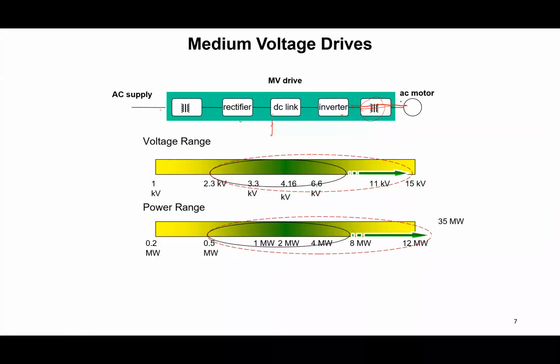Okay, and most of the applications are around 4160 V. For example, even in the marine applications, they use this voltage. Power can go up to 30 to 35 megawatts, but most of the power for medium voltage drive systems is around 1 to 4 or 5 megawatt systems.